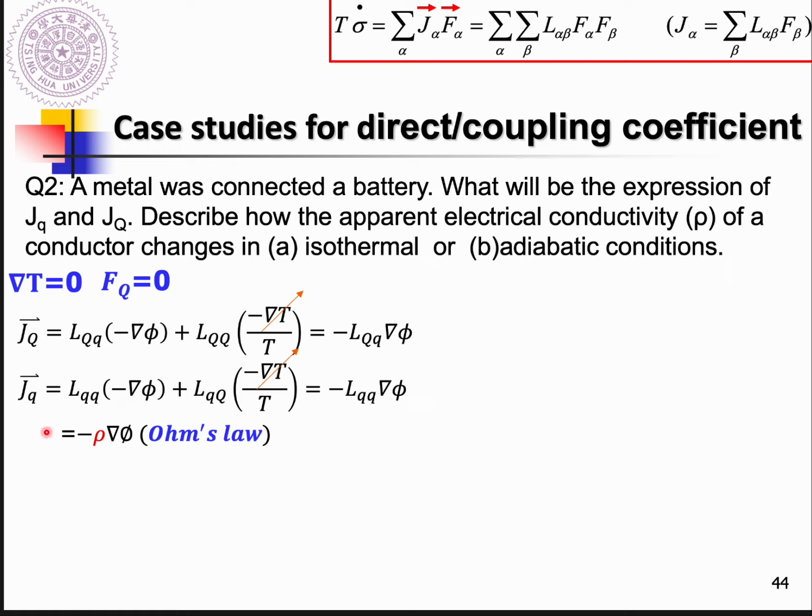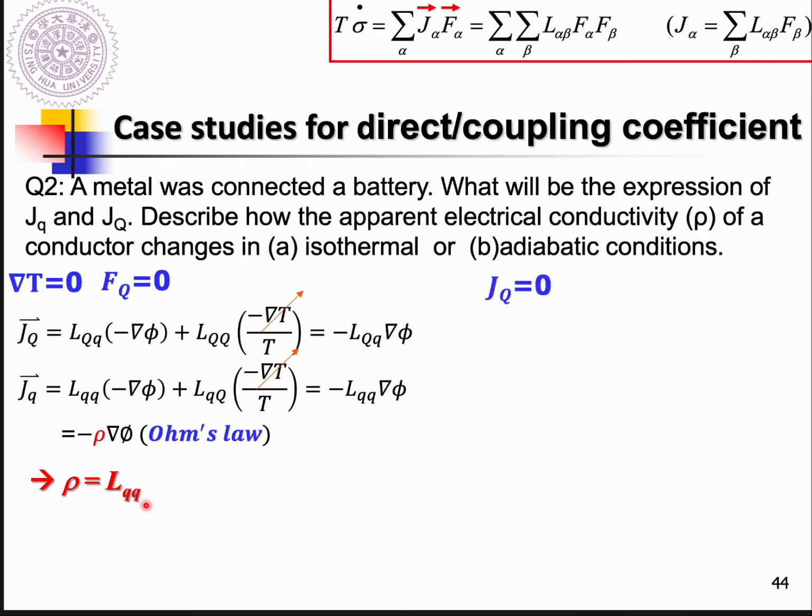Okay, don't forget there is a very important law we call Ohm's law. Ohm's law tells you the current density equals minus the electrical conductivity times the electrical potential gradient. So based on this relationship, we confirm that the electrical conductivity equals L small q, this direct coefficient. Okay?